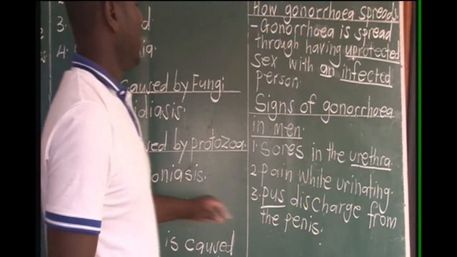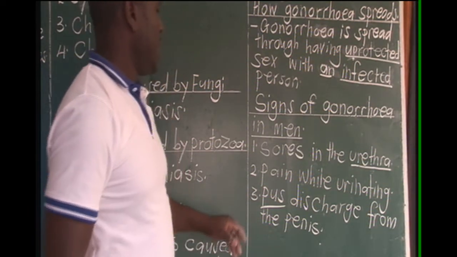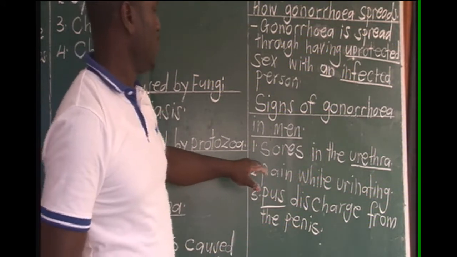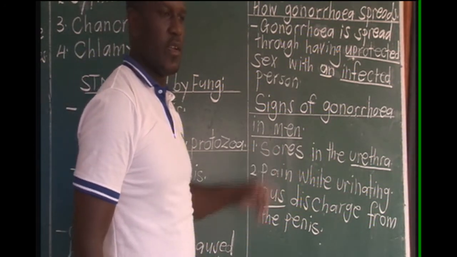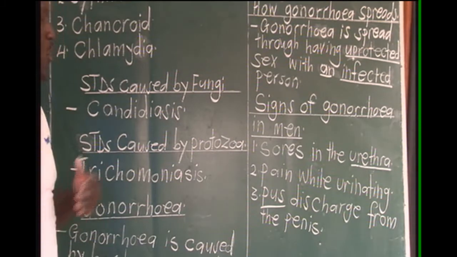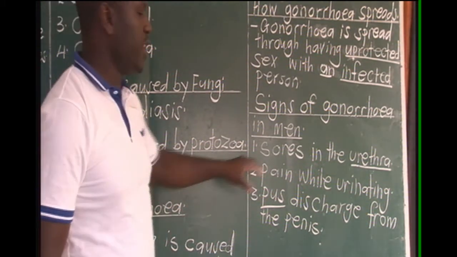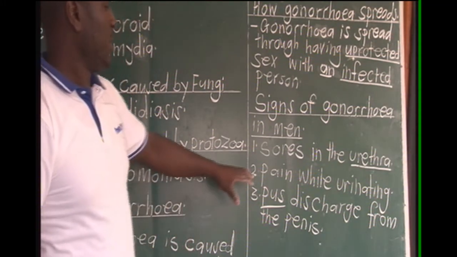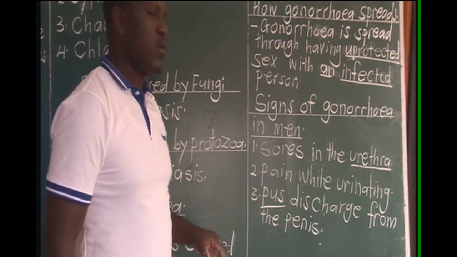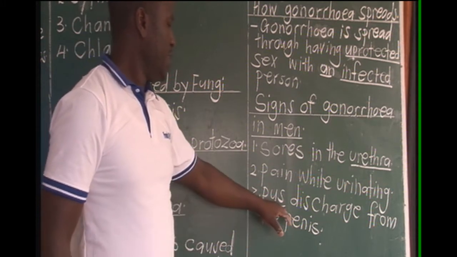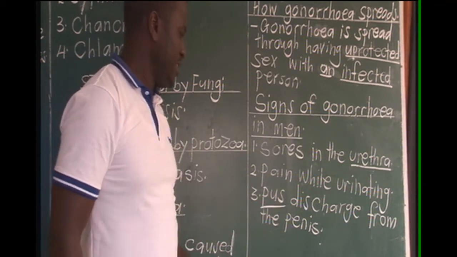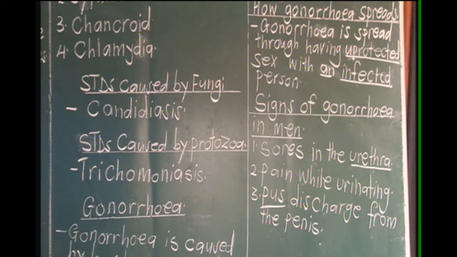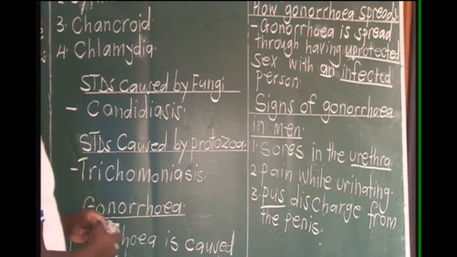And the reason why you feel pain while urinating is simply because you have sores in the urethra. So as urine goes through the urethra, because there are wounds there, you feel pain. Then we shall have pus discharge from the penis. Those are the 3 major signs of gonorrhea in men.